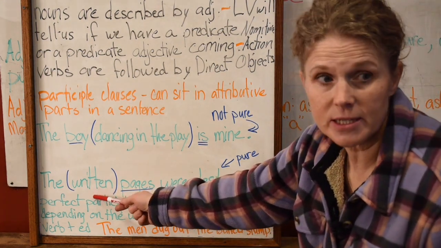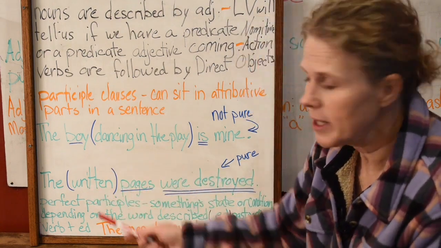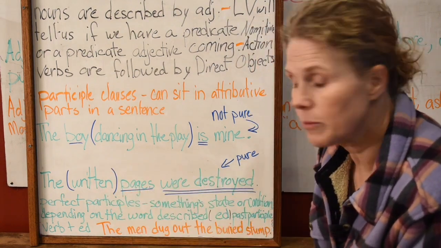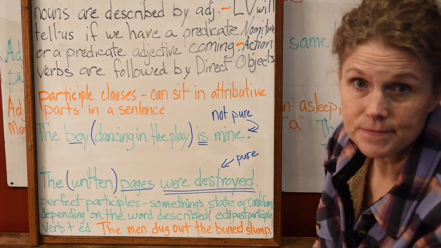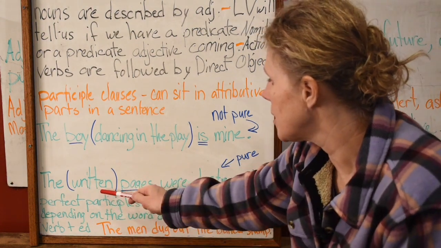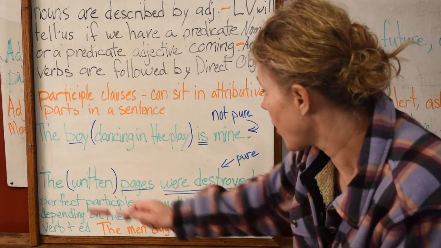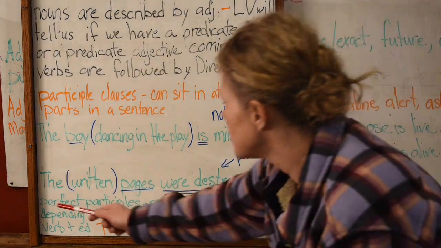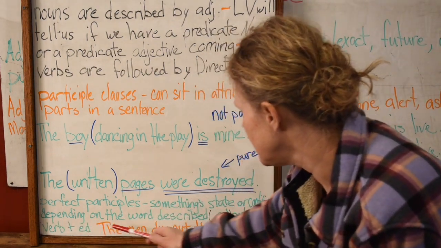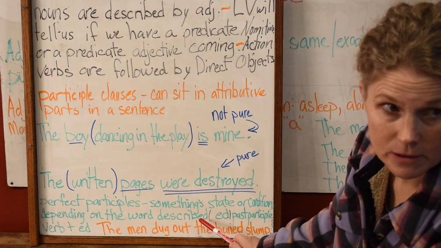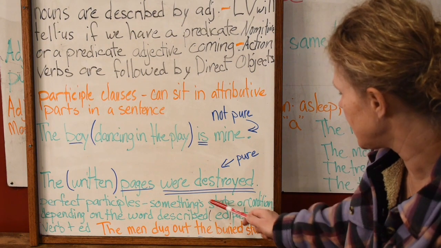But this is an irregular participle. What is your base word on that one? Right. Exactly. So this is the participle part of right. So perfect participles, it's something's state or condition depending on the word it describes. Okay, that's what it is.